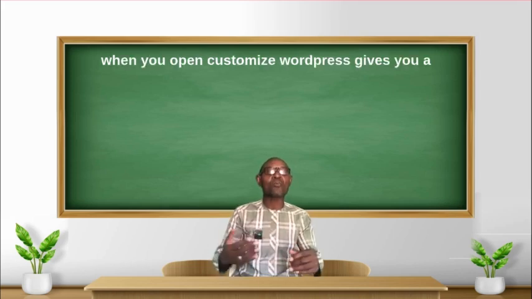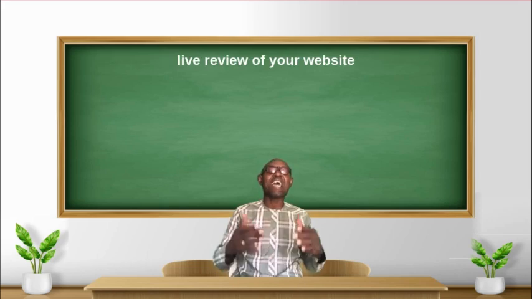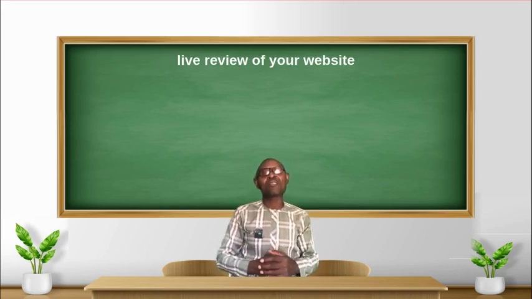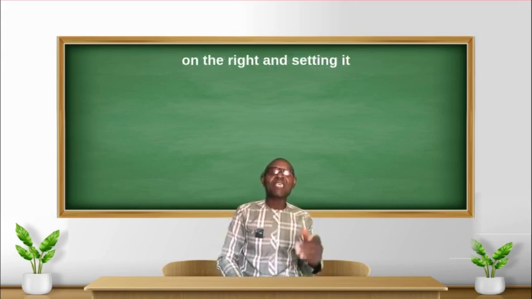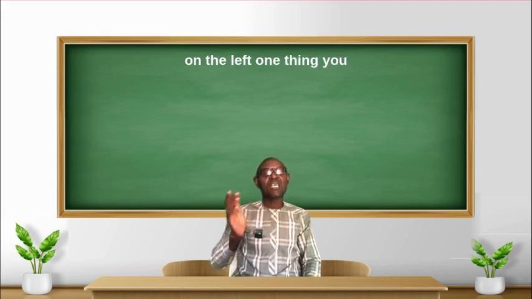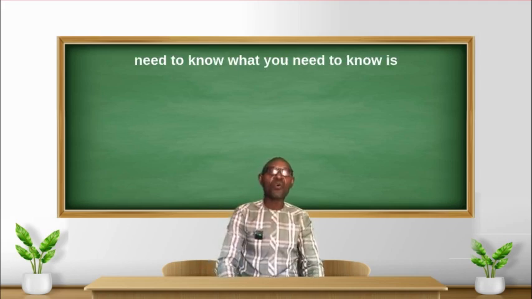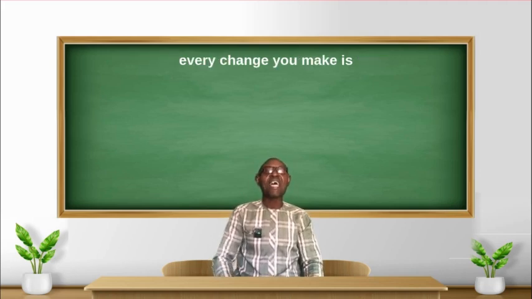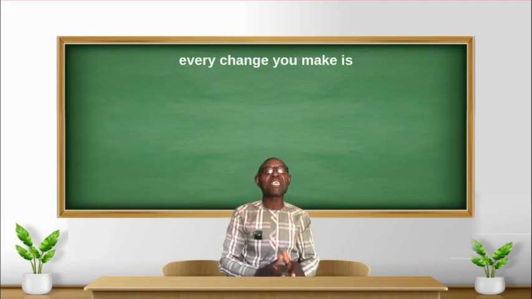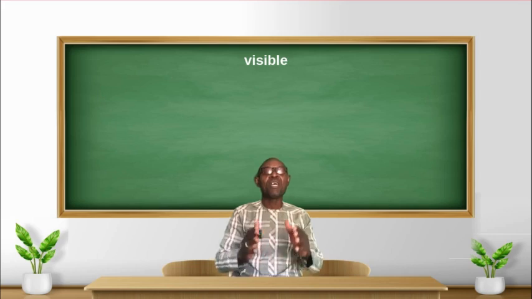And when you open customize, WordPress gives you a live preview of your website on the right and settings on the left. One thing you need to know is every change you make is visible instantly.